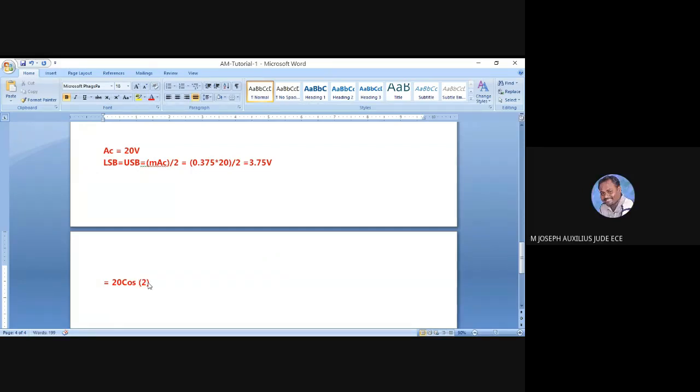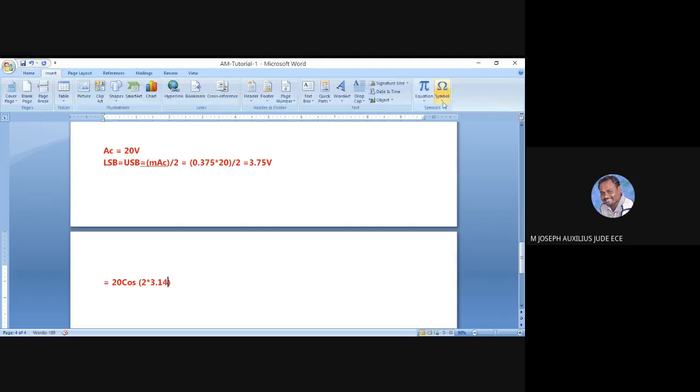So 2 pi, let me put 2 into 3.14, or I can insert the pi symbol. 2 pi, what is fc? What is the value of fc? 500 kilohertz.